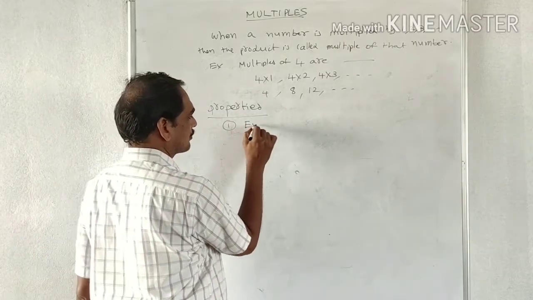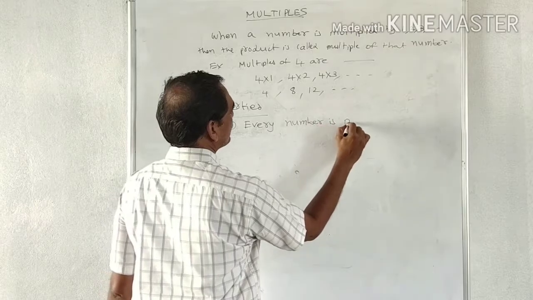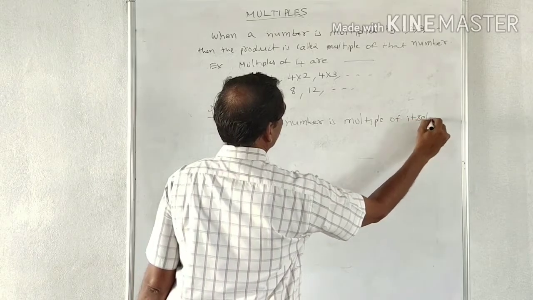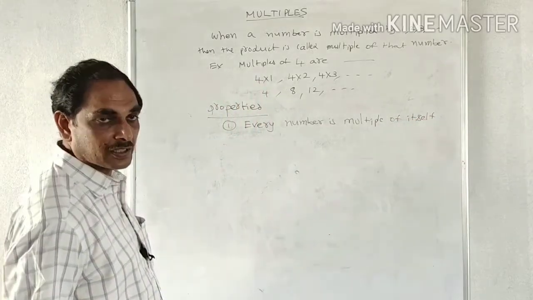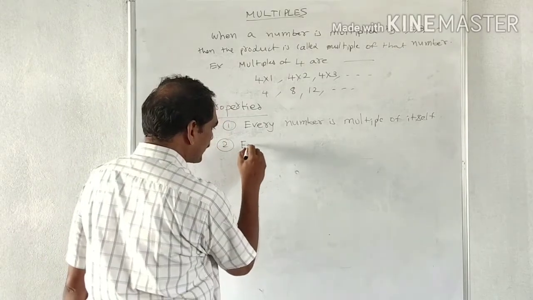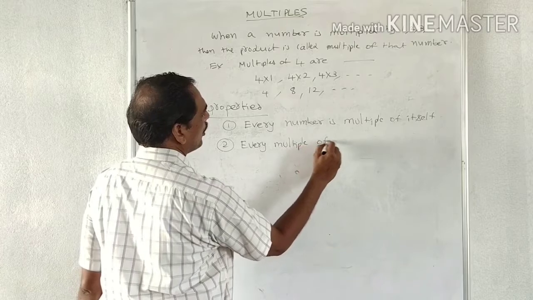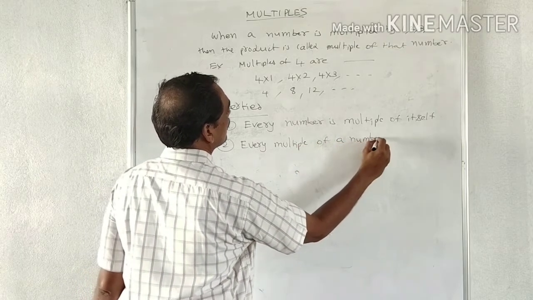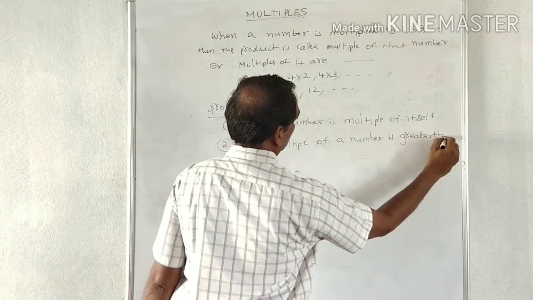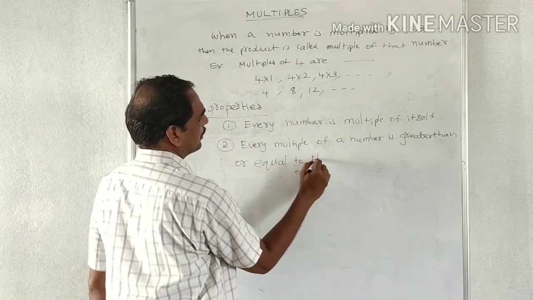Second: every multiple of a number is greater than or equal to that number.